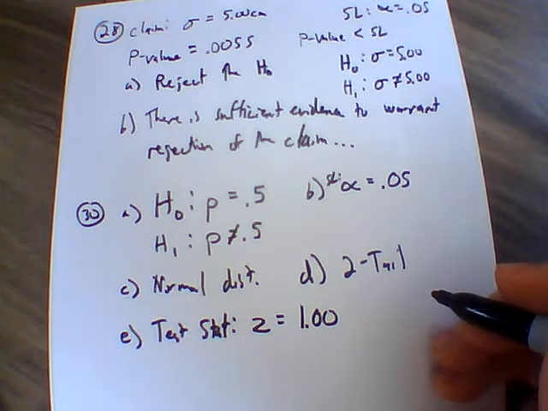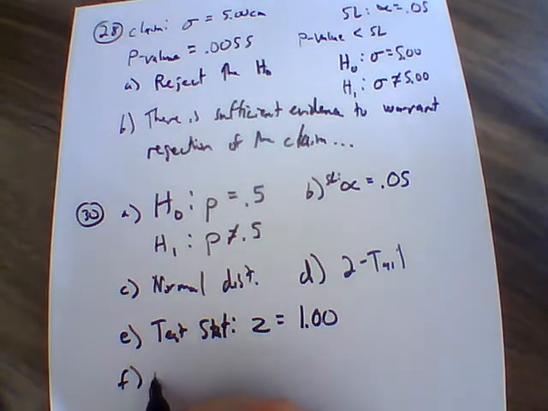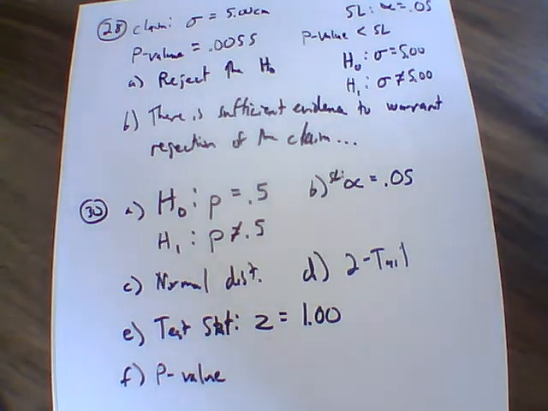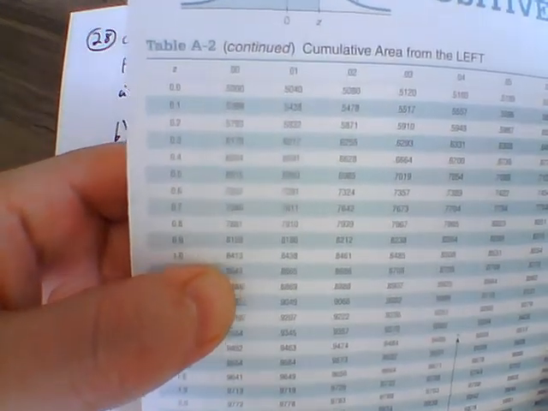Part F now asks, what is the p-value? So the p-value is what we have to start considering. We're going to find our 1.00 in the table. We have 1.0 on the side, and the top part would be 0.00.